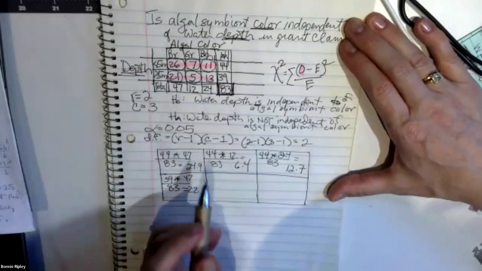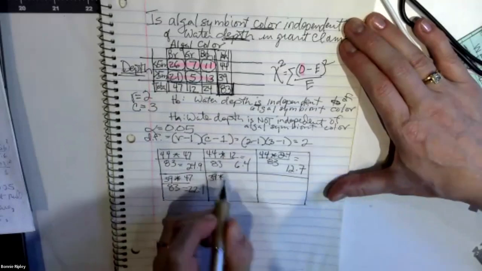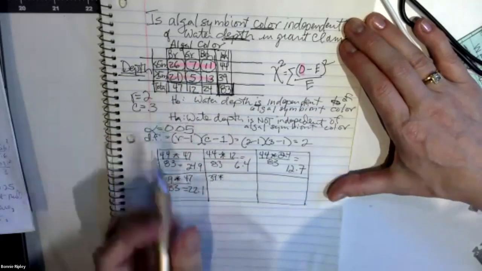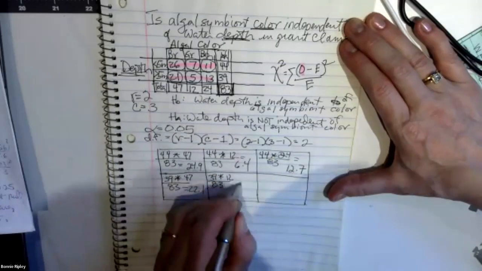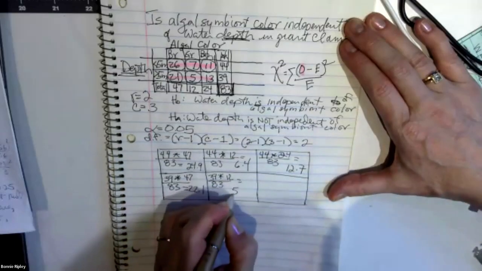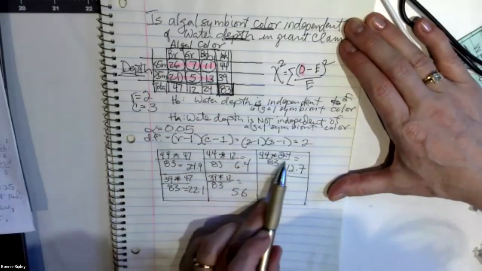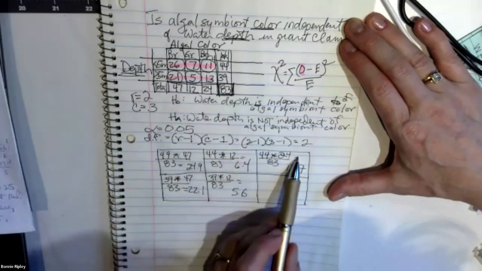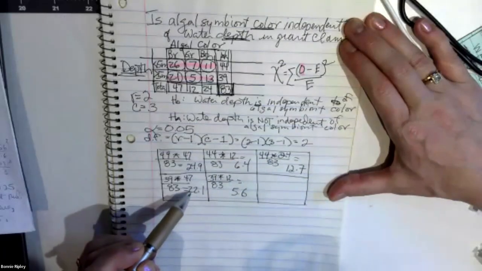And I've got two more. I'm going to do 39 times 12, which gives 6. As you're going across, you're always using the same row total, and as you're going down, you're using the column total.